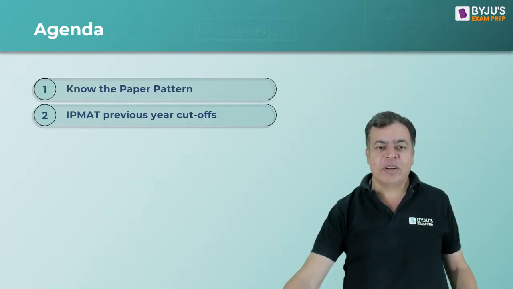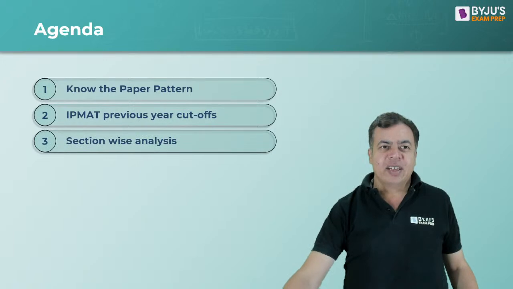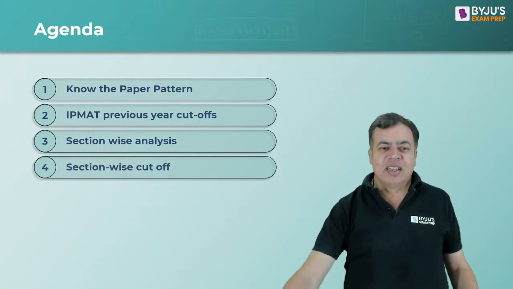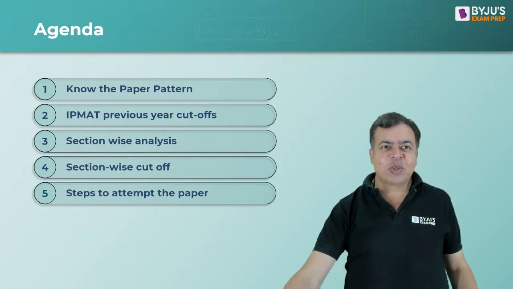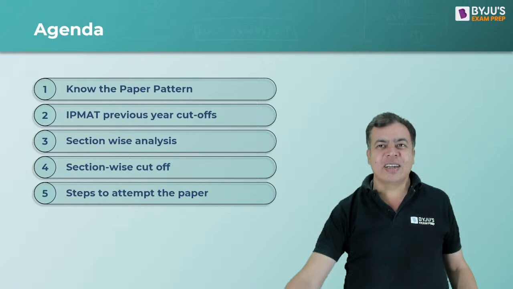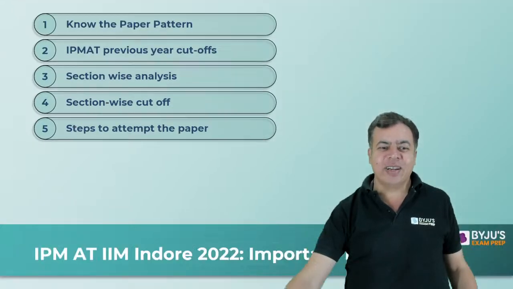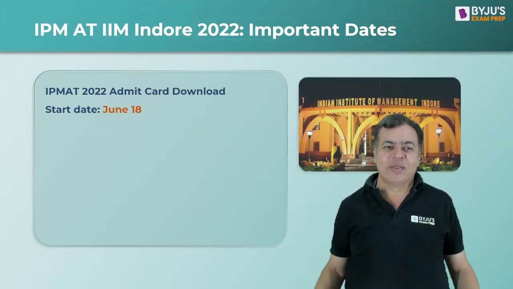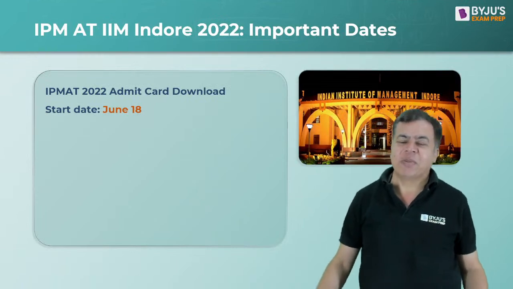Okay, and then section wise analysis. We'll talk about each section. And then section wise cutoffs, steps to attempt the exam, right? How to attempt the exam. And knowing the cutoffs, you will be very clear with the strategies you should adopt.